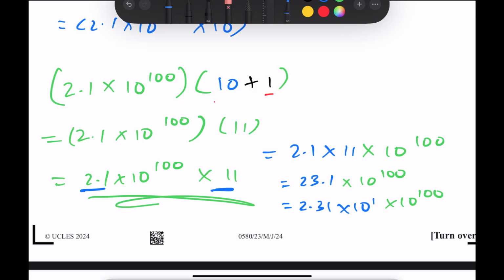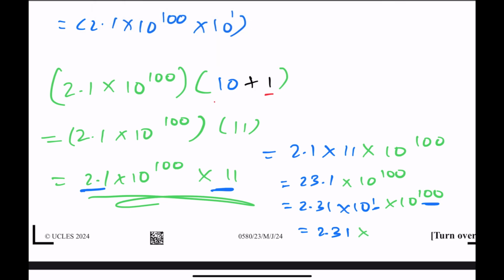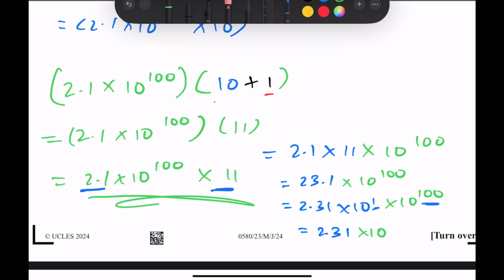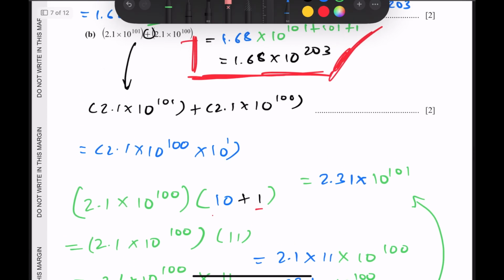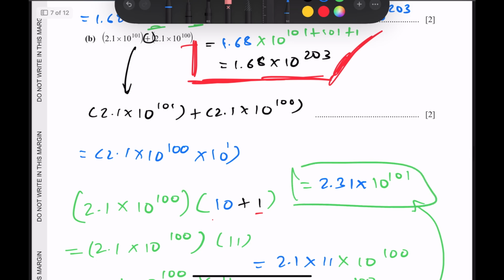And so as I said before, you can add 1 and 100 to get the final answer of 2.31 times 10 to the power of 100 plus 1. So if I move this over here, this would be equal to 2.31 times 10 to the power of 101. That's your final answer. 2.31 times 10 to the power of 101.